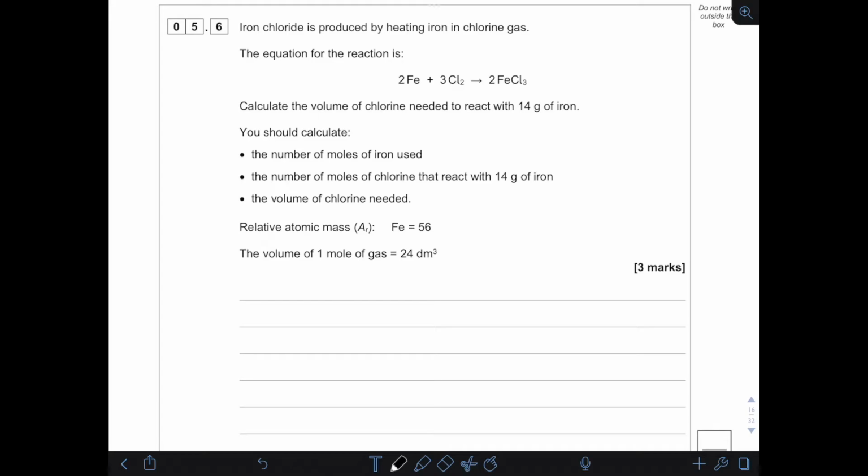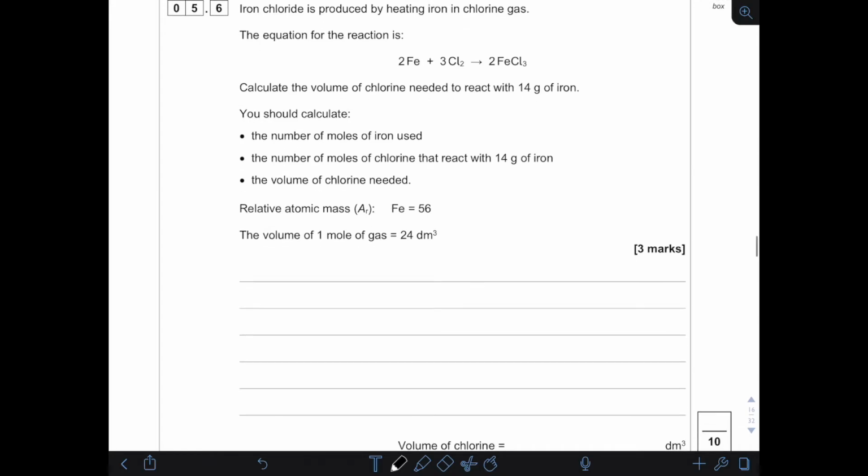So iron has an Ar of 56, so we need to find the number of moles, which is 14 divided by 56. And again, using my trusty calculator, 14 divided by 56 gives us exactly 1/4. I don't need a calculator for this.